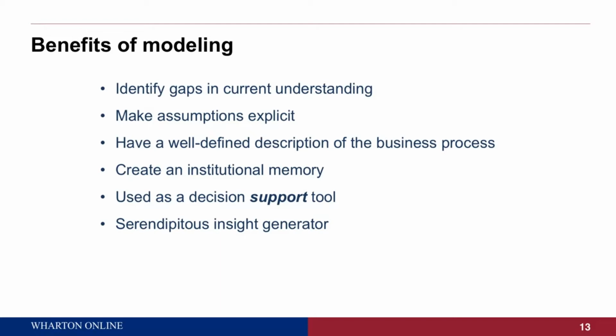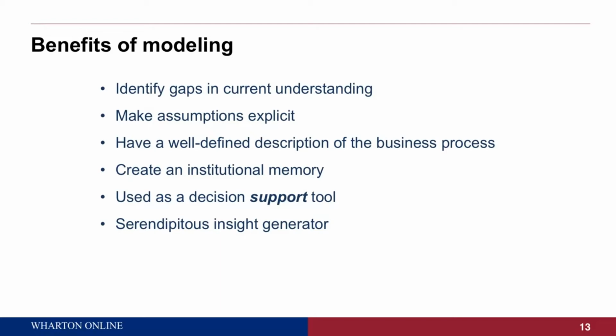And sometimes those assumptions have been implicit before, and not everyone is aware of them. And so explicating the assumptions can be very useful. You will also have, at the end of the modeling process, a well-defined description of the business process, how the pieces fit together. And that can be of benefit in its own right.